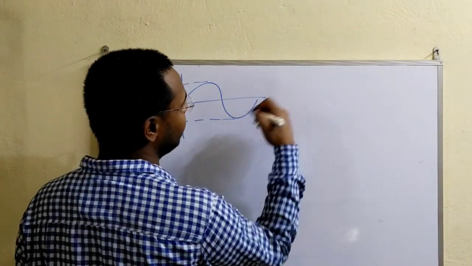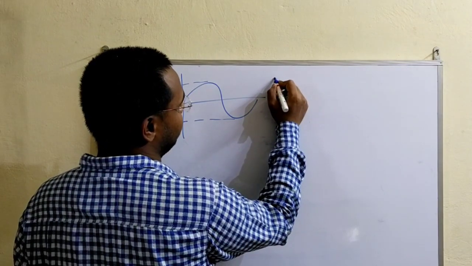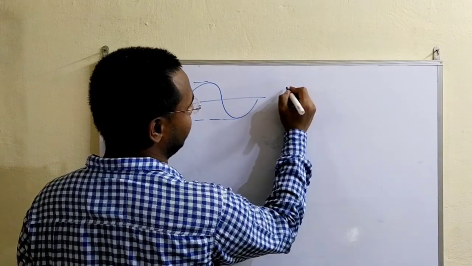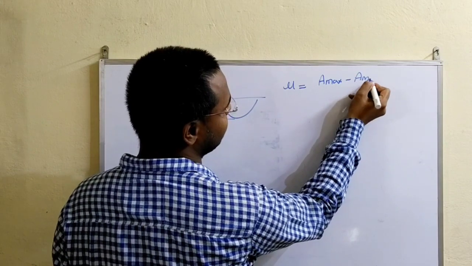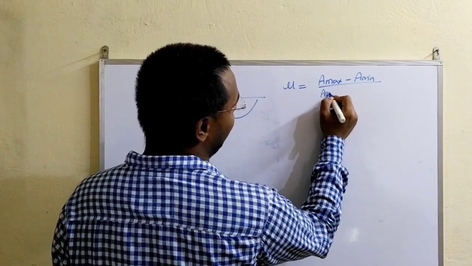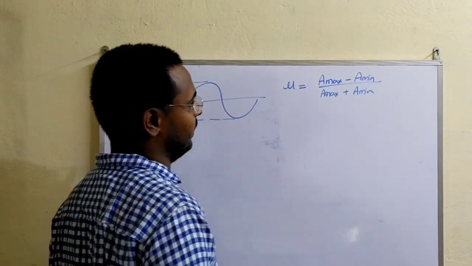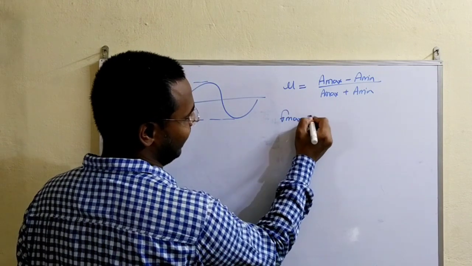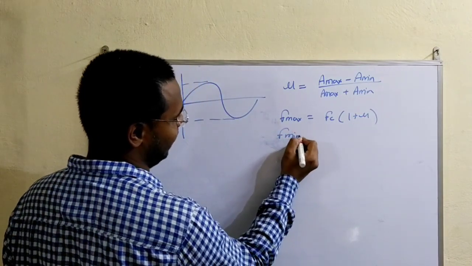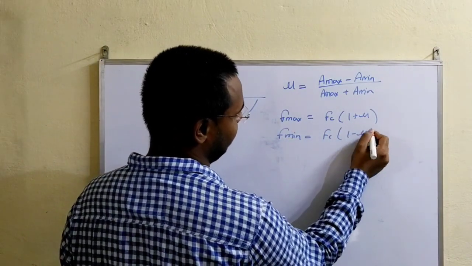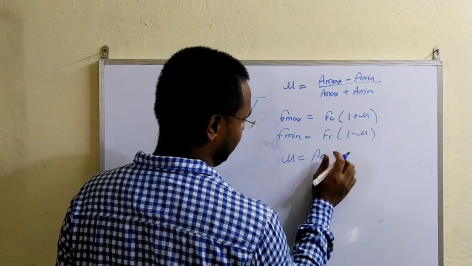When maximum amplitude and minimum amplitude are given, then our modulation index mu is (A max minus A min) upon (A max plus A min). F max is equal to fc(1 plus mu), and F min is fc(1 minus mu), where mu is Am upon Ac.